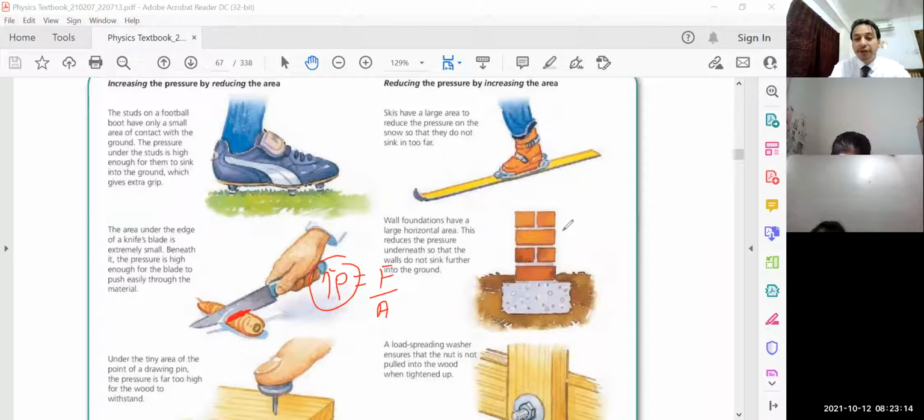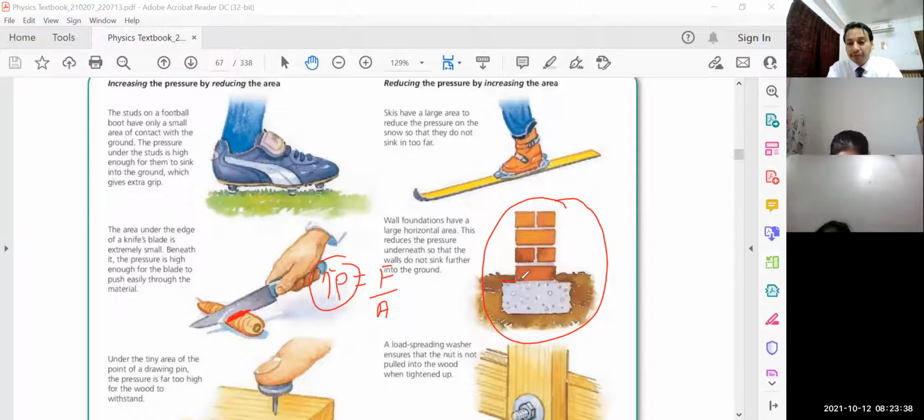Now look at the third example here, children. At a construction site, if you have visited one, suppose construction work is going on, especially at the basement. Before constructing a building, we have to keep its foundation very strong.